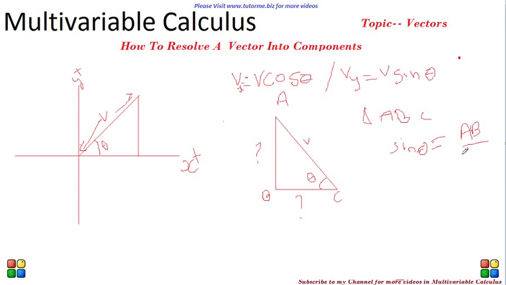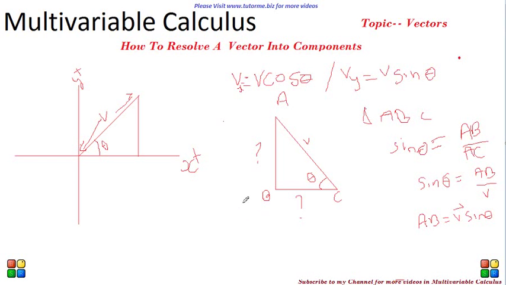Okay, so sine theta equals AB over v, where AC is vector v. So AB equals v sine theta. Okay, so far so good. So we found AB.